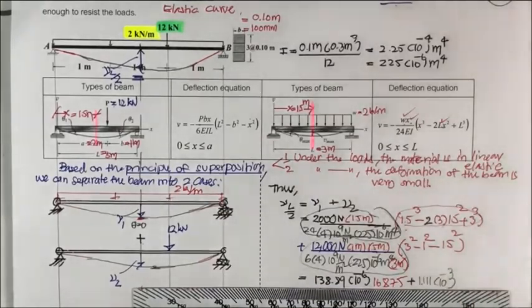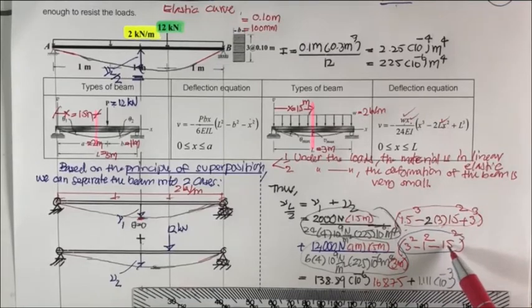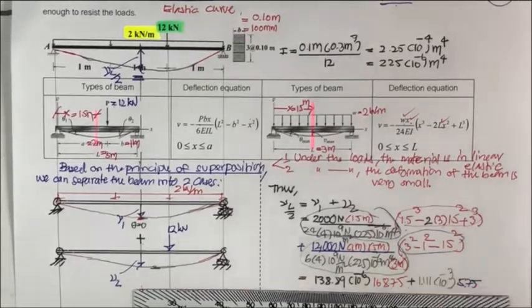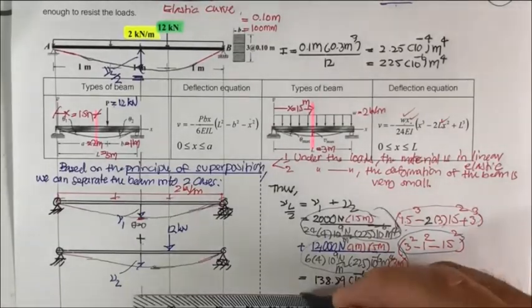Okay, and the last one is going to be easy. 9 minus 1. Okay, 9 minus 1 is 8. 8 minus 2.25. That is going to be 5.75.